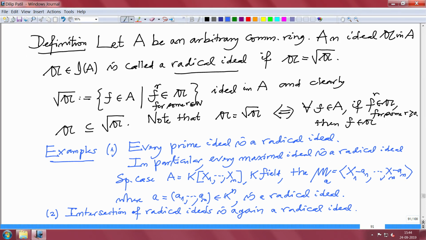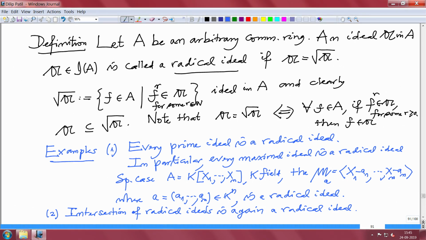Finite intersection, definitely. All right. A product is not a radical ideal, for example. If I multiply A by A, that is A squared, there is no reason that A squared equals A. Like in our earlier example, the ideal generated by Z squared is not a radical ideal. All right. So, we have examples.